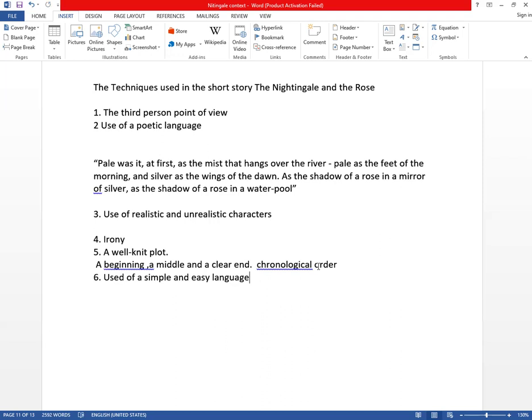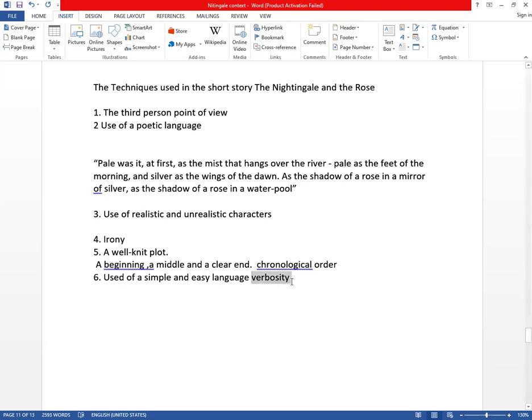The writer uses a language used in everyday speech, far from heavy verbosity.